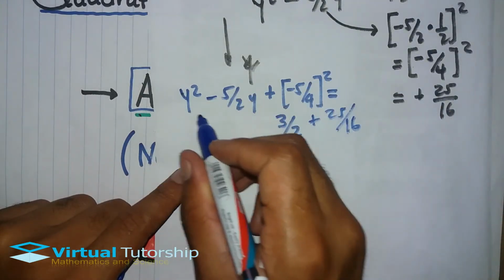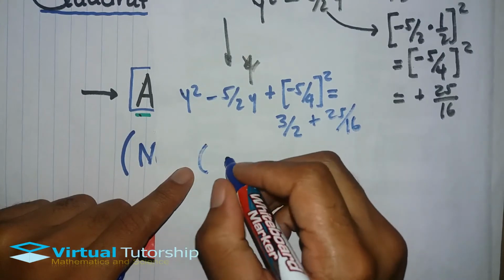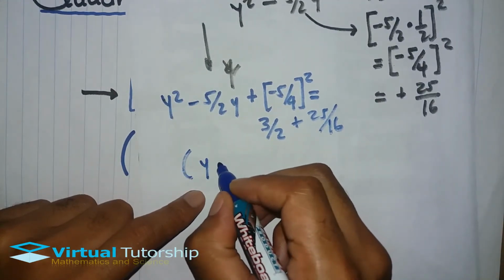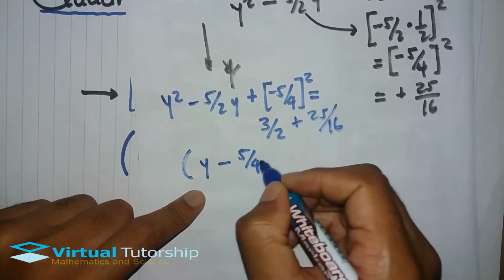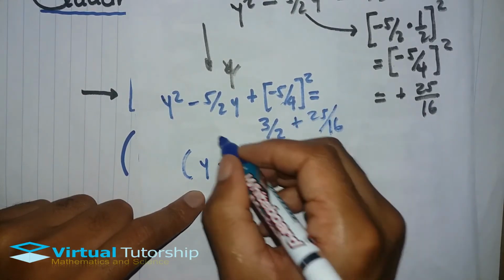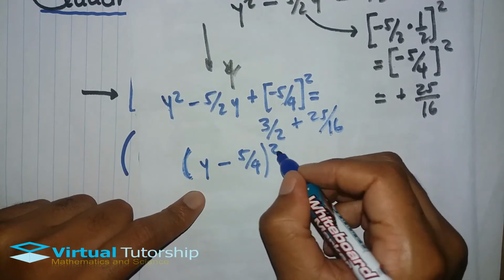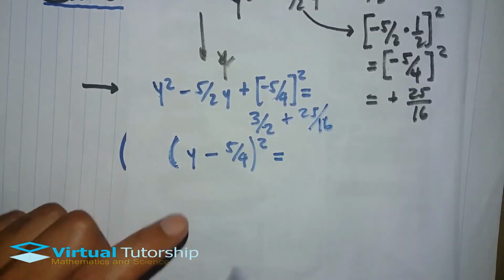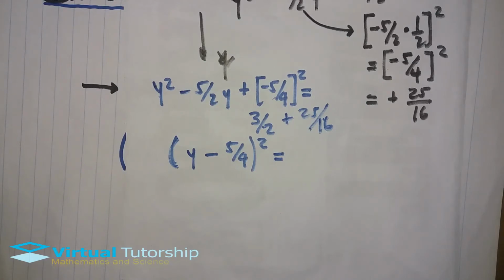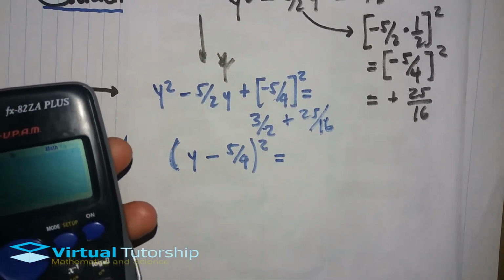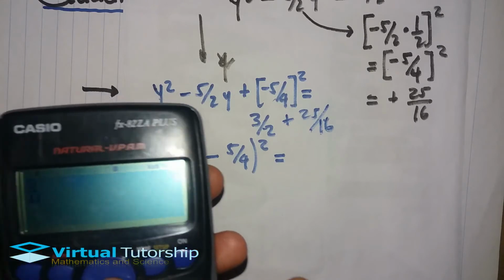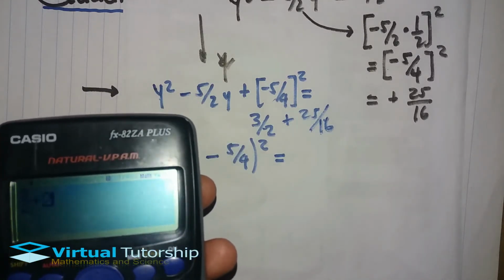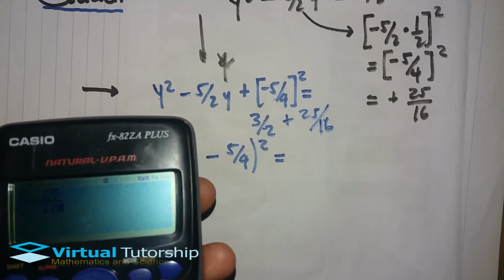So this trinomial really is a perfect square, so we say y minus 5 over 4, this value is this, and then everything squared equal to, now 3 over 2 plus 25 over 16.